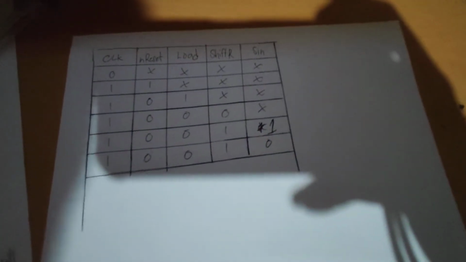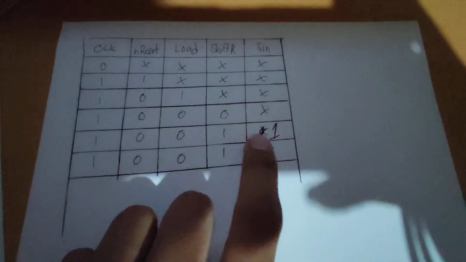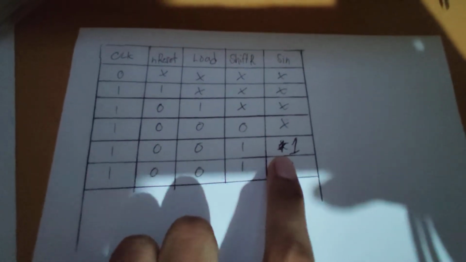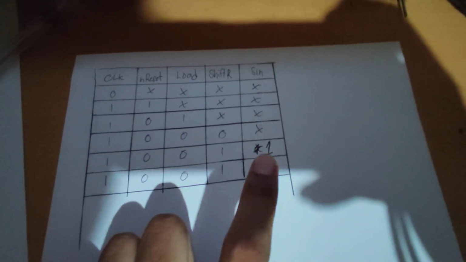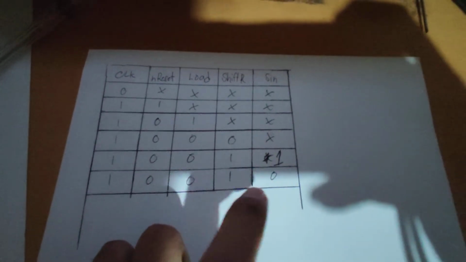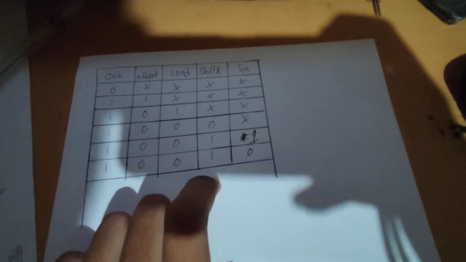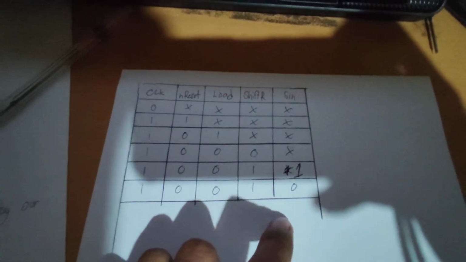the shifting occurs. So the serial input will become 1. The serial output of 7 moves to 6, then the serial output of 6 moves to 5, and so on.